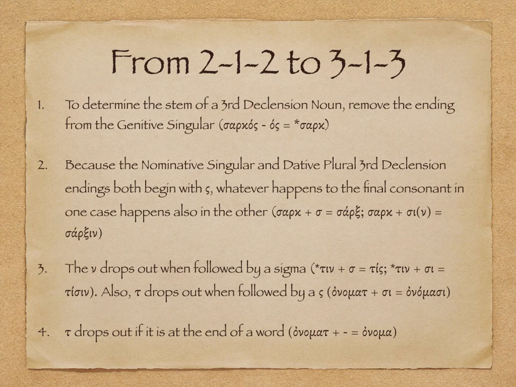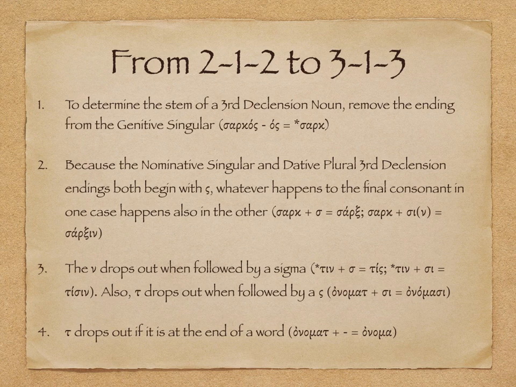Number 3, the letter nu drops out when followed by a sigma, and also the tau drops out when followed by a sigma. Again, this is especially important in the nominative singular and the dative plural, because they both have a sigma that comes up against that stem consonant, and there's no vowel between, and that sigma is strong.